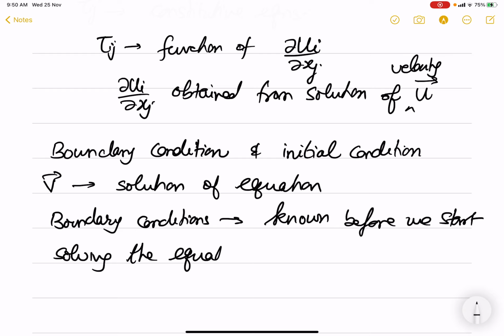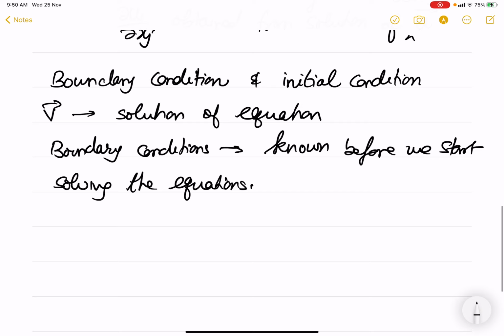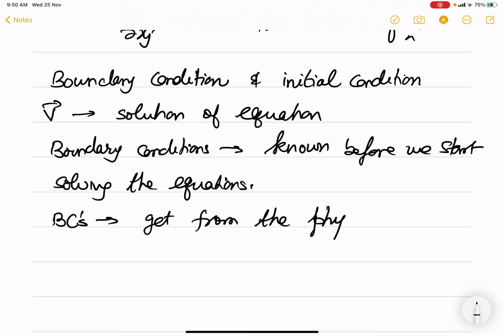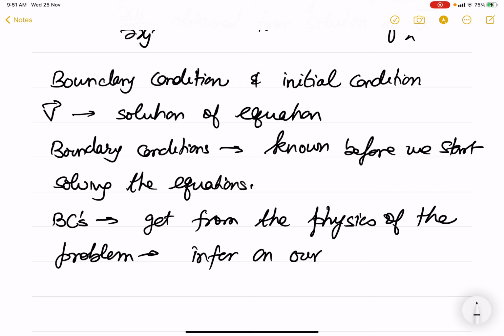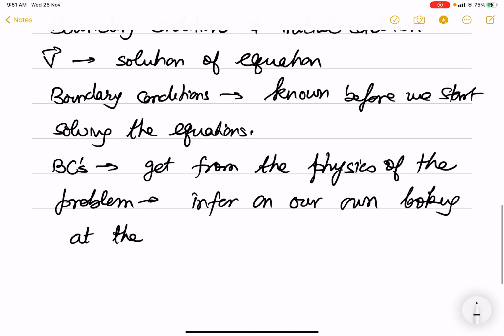And therefore, boundary conditions are something which we will get from the physics of the problem, and this is something we have to infer on our own, looking at the problem itself.